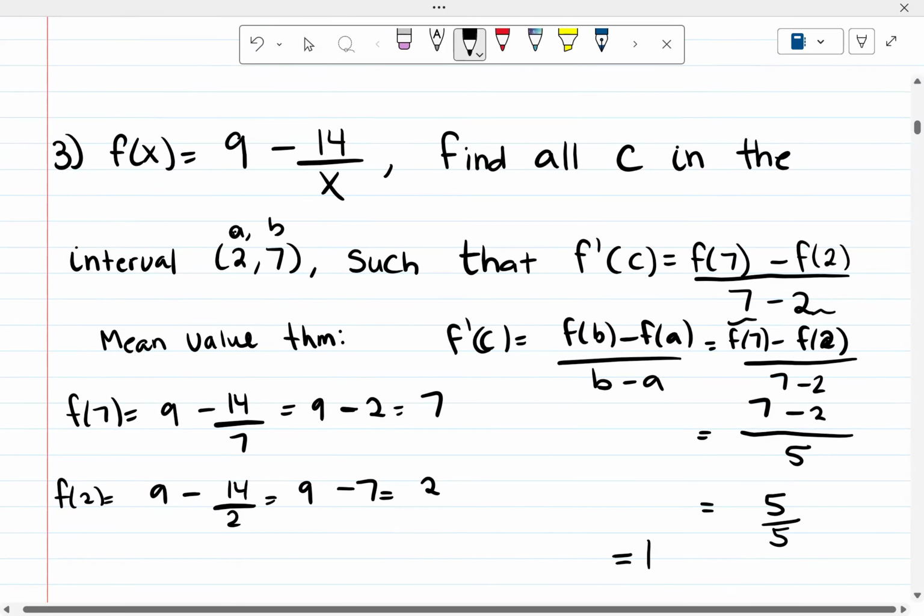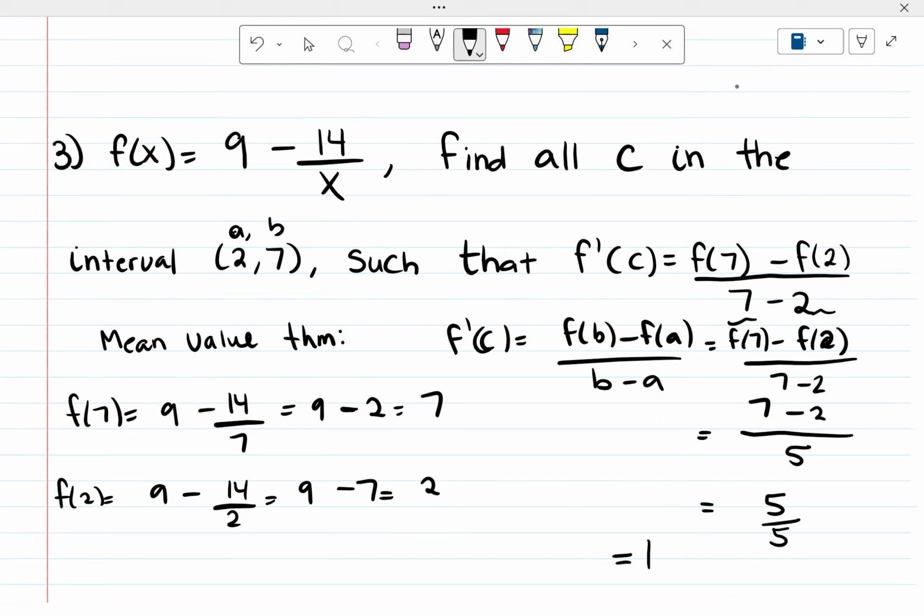Now, let's do the left side. It's f prime of c, because our goal is to find c. Given f of x equals 9 minus 14 over x, I'm going to rewrite that as a non-fraction. That's the same thing as 9 minus 14x to the negative 1. Then find f prime of x.